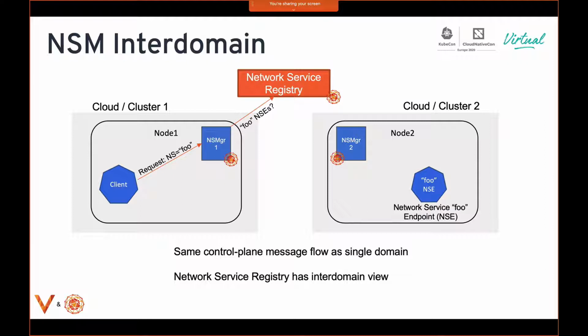The detail of how that connection between the nodes in different clusters works is the difference of this environment versus the single cluster. But on a node level, the control plane flow is the same, and then between clusters, the control plane flow is basically the same, but the parameters in that connection message are different, and there possibly are intermediaries to help get the control plane message to the actual other network service manager in the other cluster.